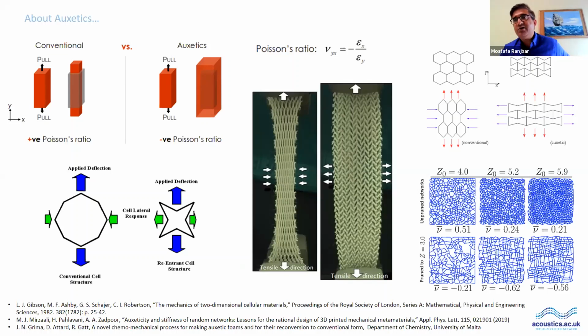So the auxetic structures are either cellular, like conventional honeycomb. If you change the internal angle, then you can produce an auxetic structure. And you can also develop random network auxetic structures that are mainly inspired from nature.